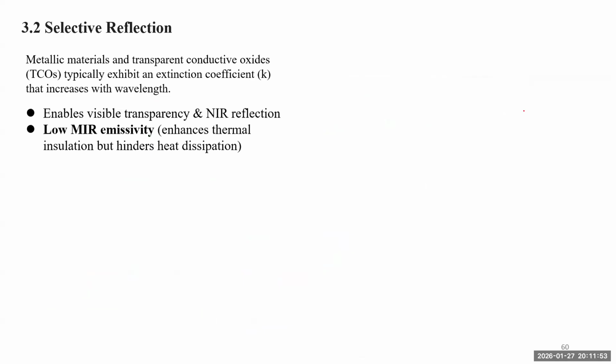Another way to manipulate the solar spectrum is selective reflection. Usually, we use metallic materials and transparent TCOs to achieve selective reflectance, which enables visible transmittance and near infrared light reflectance, but has low mid-infrared emissivity.